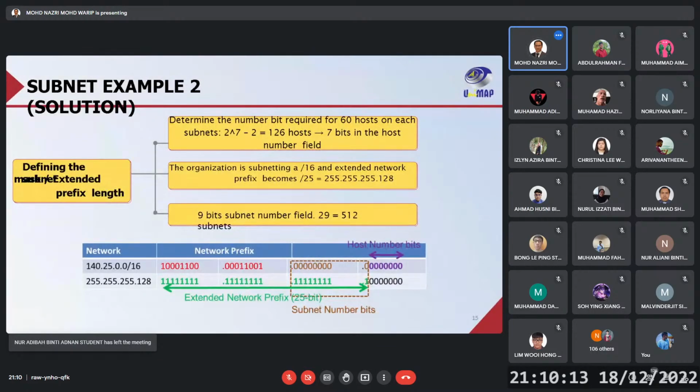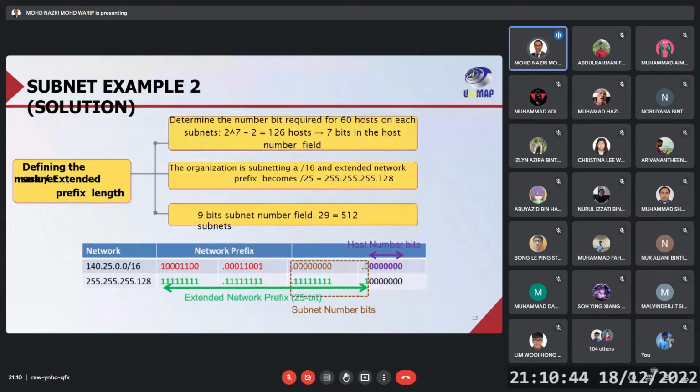2 power 6, how much? 2 power 6 is how much in decimal? 64. Okay. 2 power 7? 128.